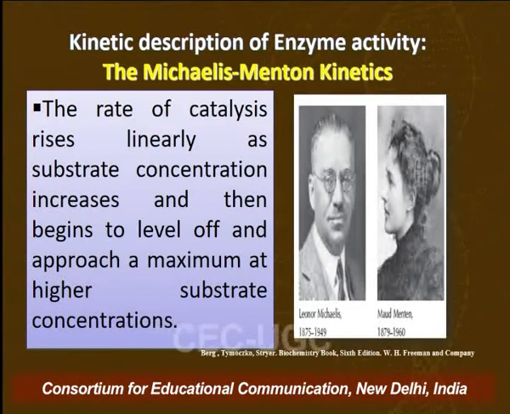The rate of catalysis rises linearly as the substrate concentration increases, but after a certain point all the enzyme has been attached to the substrate. So there is an enzyme-substrate complex, and a saturation level occurs. Finally it reaches the upper plateau, where there is a high substrate concentration but no free enzyme, so it reaches the maximum velocity, called the Vmax.